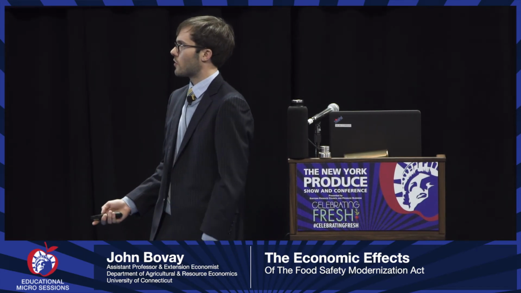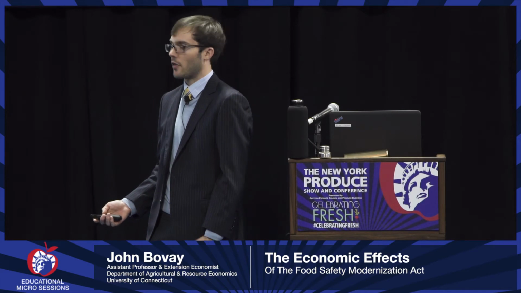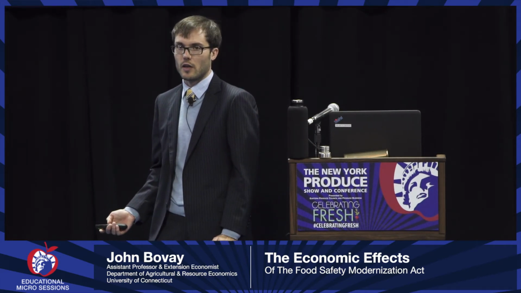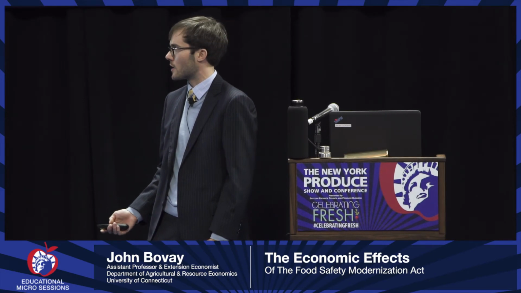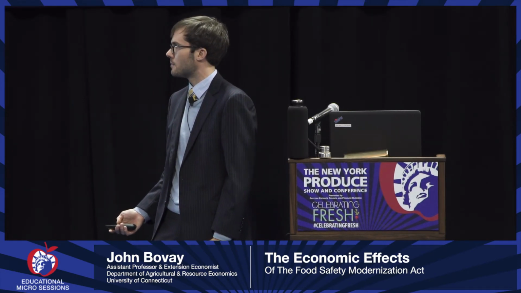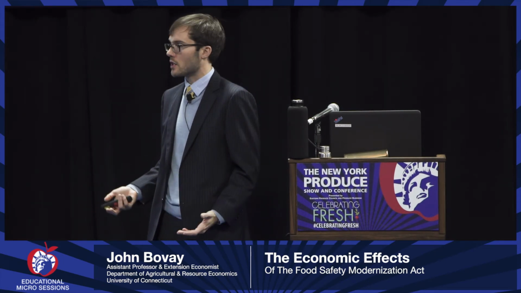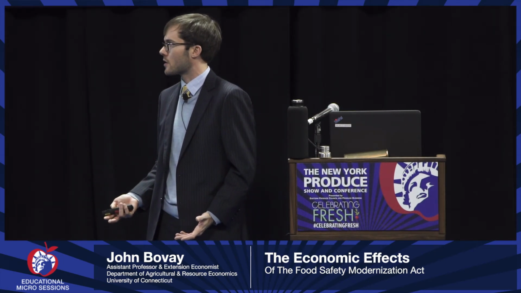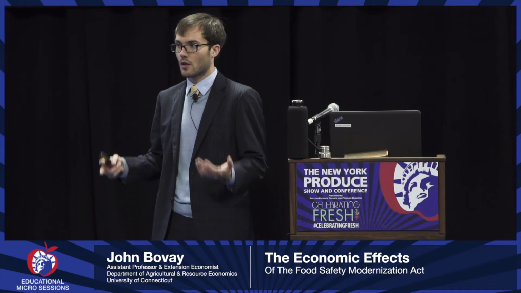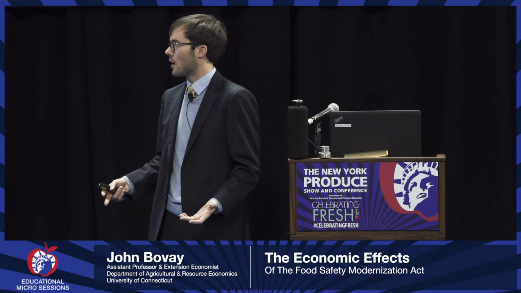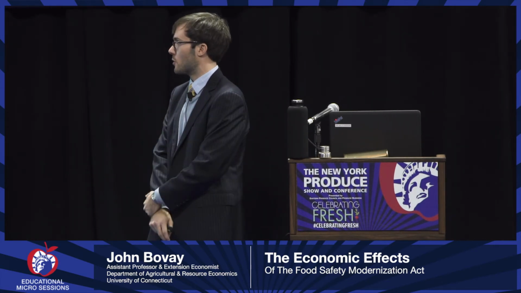We use the results from this paper as an input to a third paper, which is about the cost pass-through, the simulated effects of the Food Safety Modernization Act on retail costs, retail prices. And so we have a simulation looking at 18 fruit and 21 vegetable commodities. We estimated a demand system for these 39 commodities and used the same cost shift estimates as I did in the other two papers.